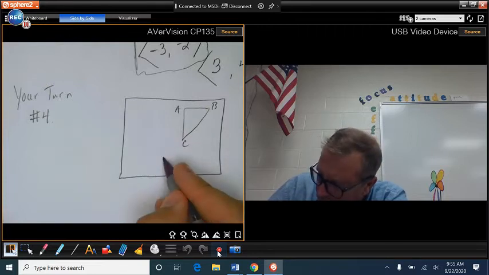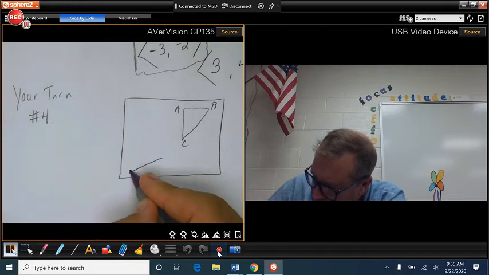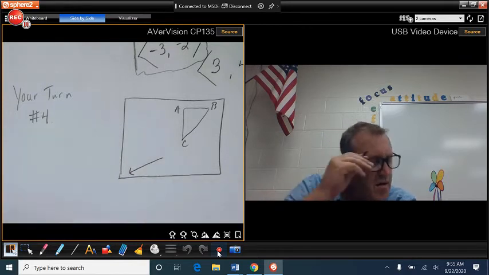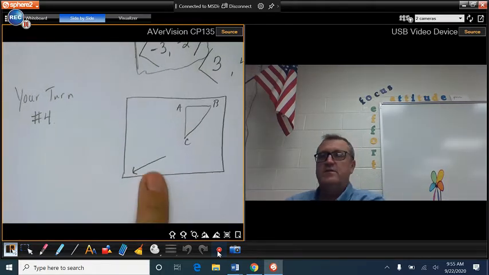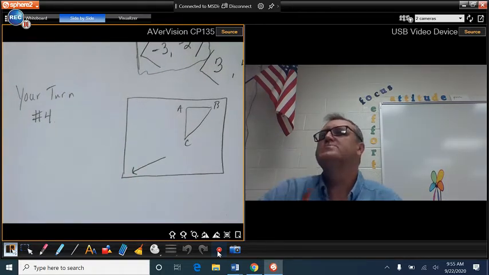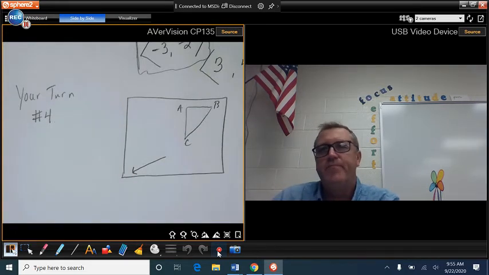All right, Maddie, help me out here. Does the vector look like this? That's the vector? Everyone agree that's the vector? Okay, well, let me ask them more specifically. Mason, which end is the starting point?